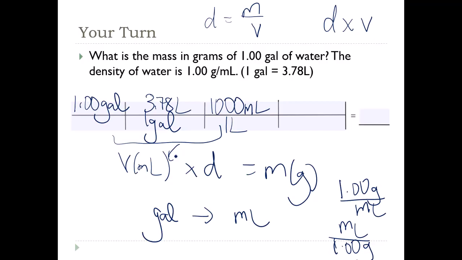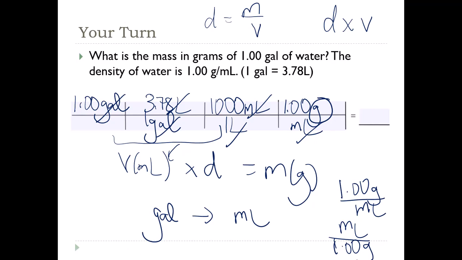Then I multiply by the density. Which one do you want? This one, because it allows top and bottom to cancel out: 1 gram per milliliter. So gallons cancel out, liters cancel out, milliliters cancel out, and I'm left with units of mass in grams.